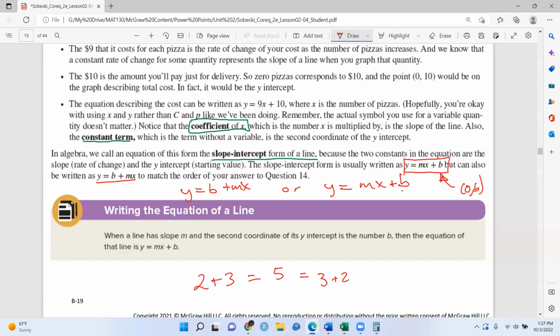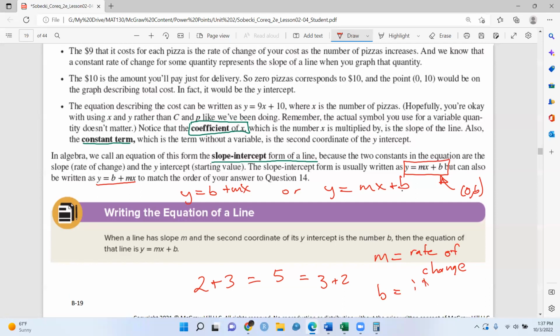So our job now is to start reading problems and looking for the m's and the b's. So if I were to generalize that, instead of saying slope, I might say m is a rate of change and b is an initial value.